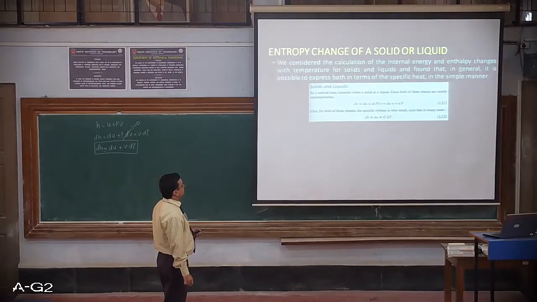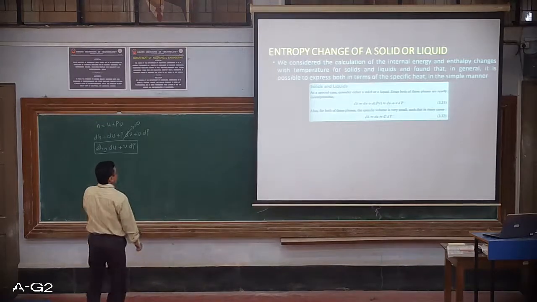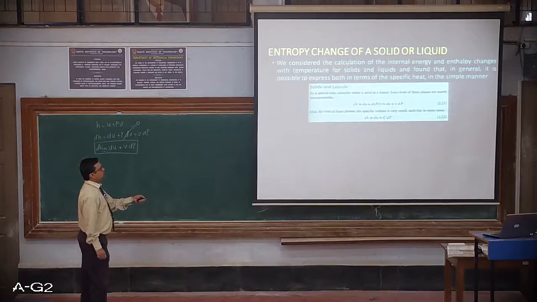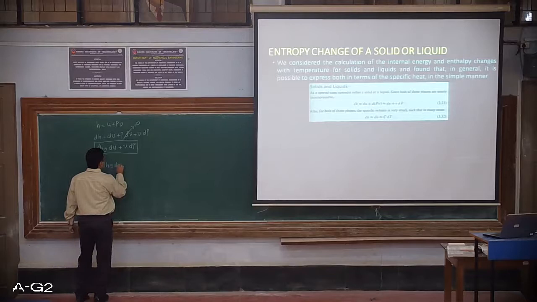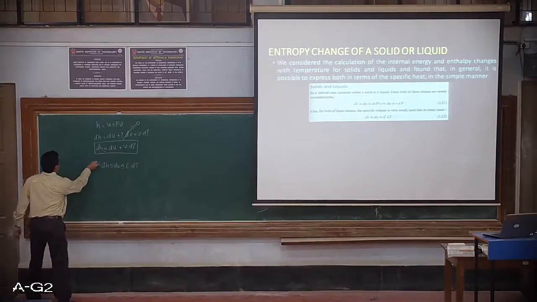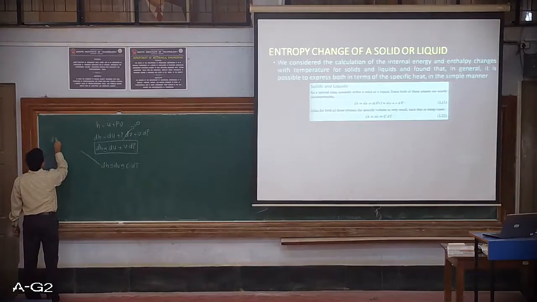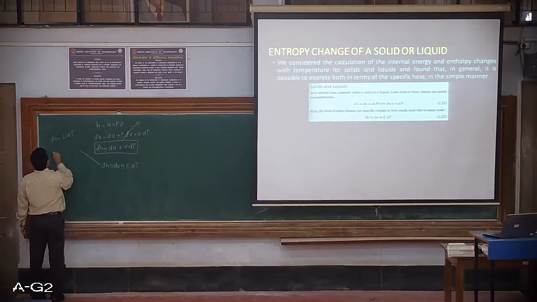such that in many cases it is equal to dU plus C dT. From the specific heat concept, dH is equal to dU plus C dT is established. So separately, dH is equal to C dT and dU is equal to C dT.